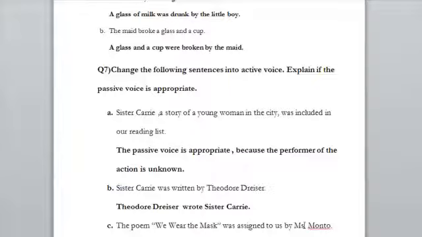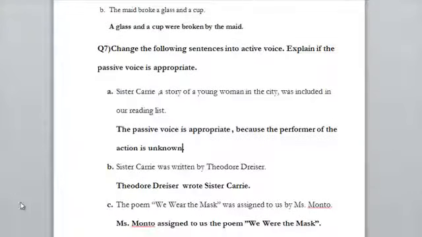So I'll take this part and start the sentence with it. Miss Monto assigned, just the past tense. Assigned what? And here is the object of the sentence. Assigned the poem We Wear the Mask. So Miss Monto assigned to us the poem We Wear the Mask.